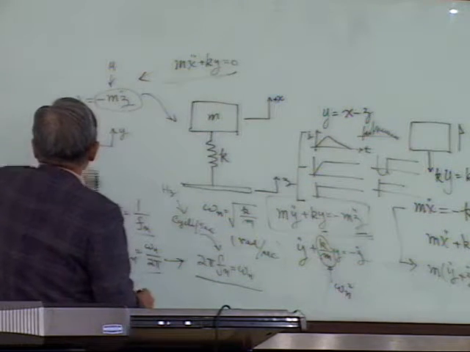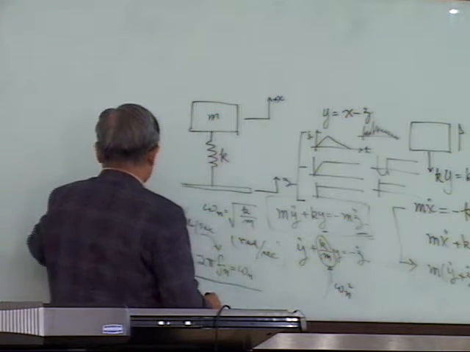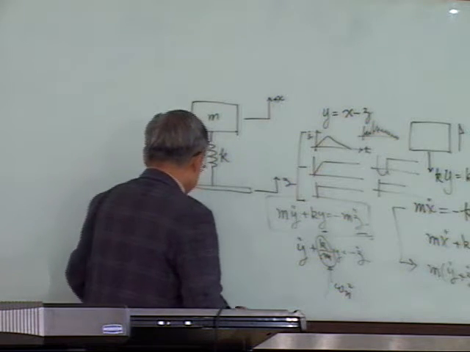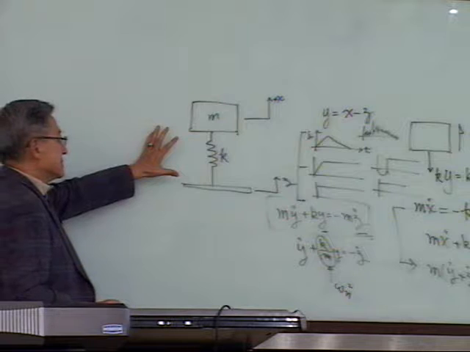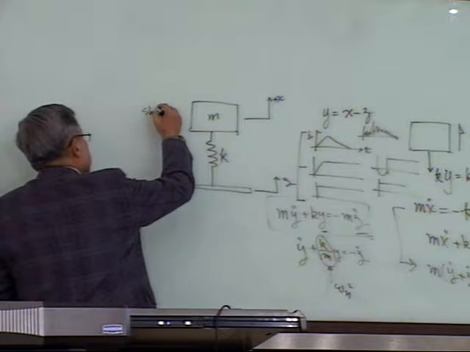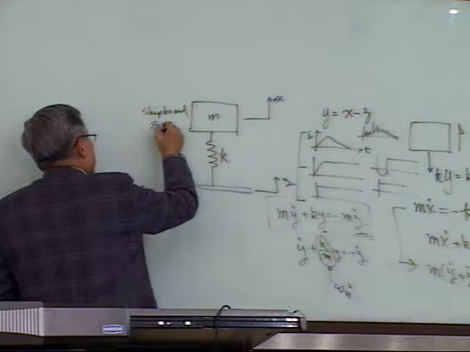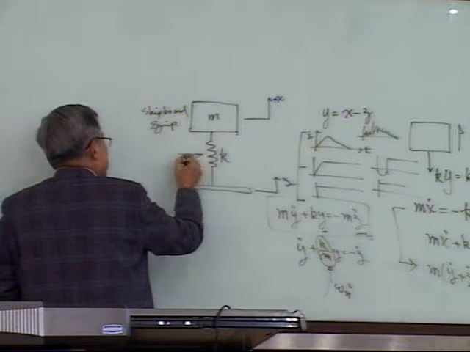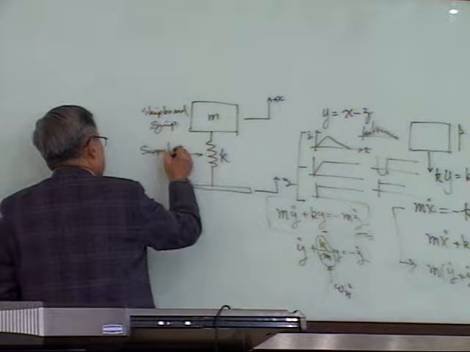Then what I do here is the basic model. So I said this is shipboard equipment. This spring is the support structure.